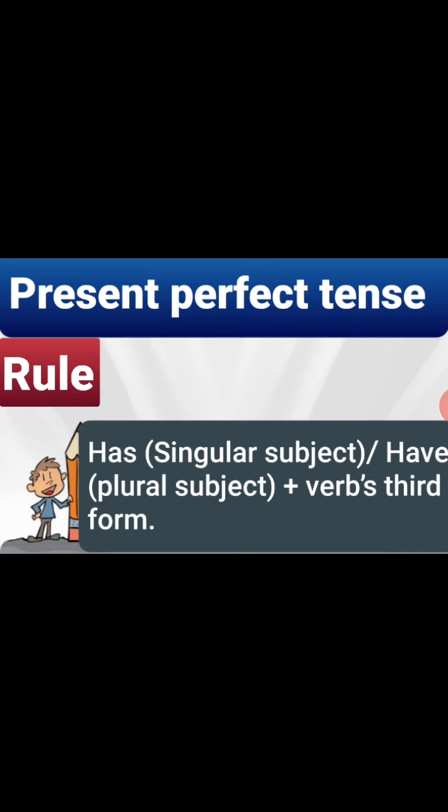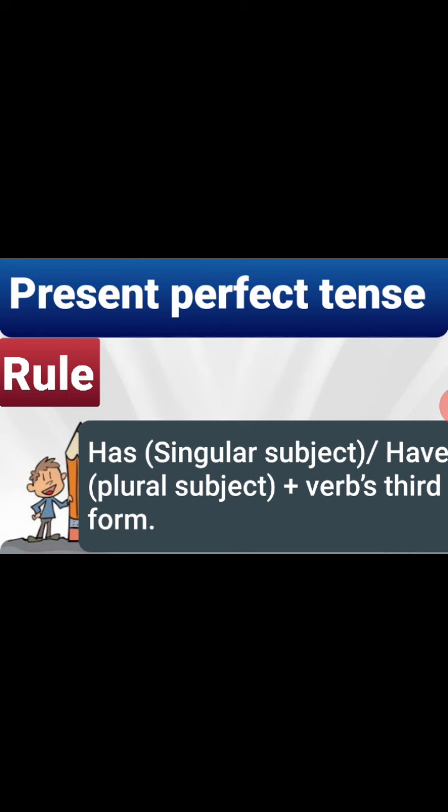Students, the subject should be singular when we use has, and the subject should be plural when we use have. Most of the time the students have confusion about where we use has and where we use have. So students, whenever you are talking about I, you, we, they, then we use have because they are plural.